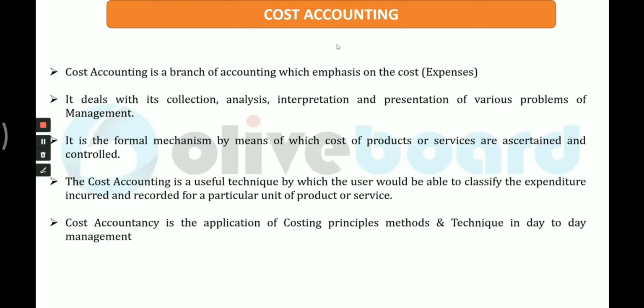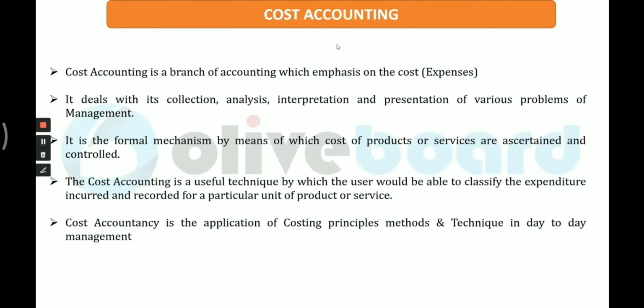What money or expense you have incurred for your business is called cost. It may sometimes be denoted by losses also, which means what you have incurred. That is called cost, and the branch which deals with this type of accounts is known as cost accounting.